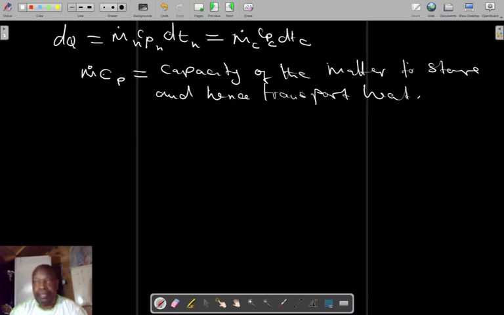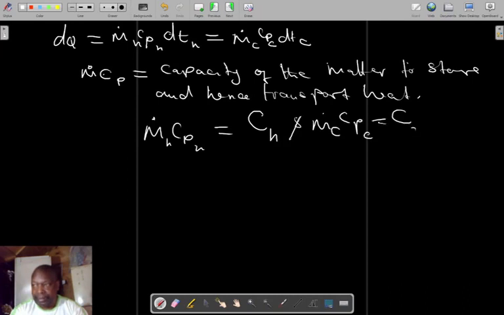And if that is the case, then m dot H Cp H can be denoted by the capacitance CH of the hot stream, and m dot C Cp C by CC, such that now our dQ is equal to CH dTH, which is equal to CC dTC.